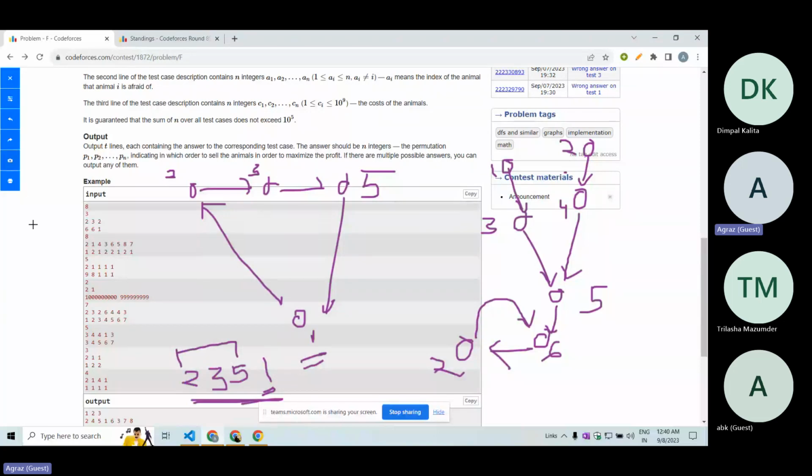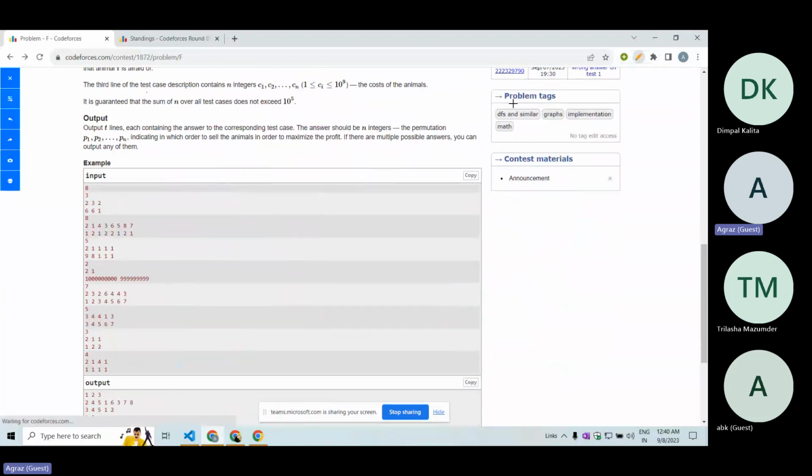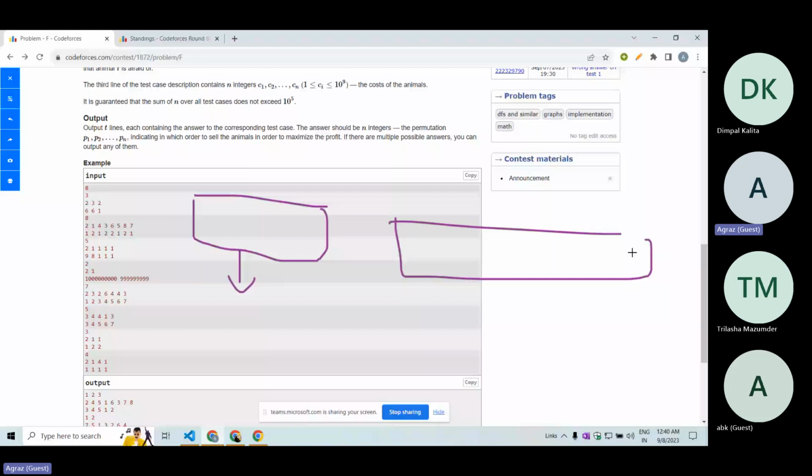So we are given a cyclic graph, and what do we have to do? For the acyclic part, we have to find the topological sort, and for the cyclic part, we just find the minimum value. For the minimum value, we have to find the cycle and print it. So you see, this part and this part are independent, right?